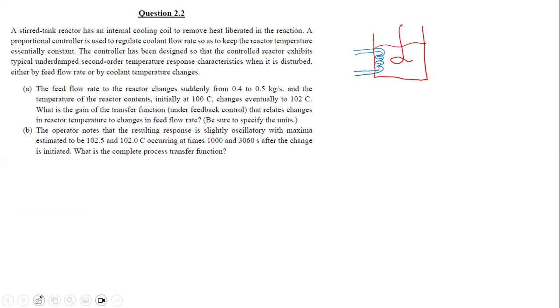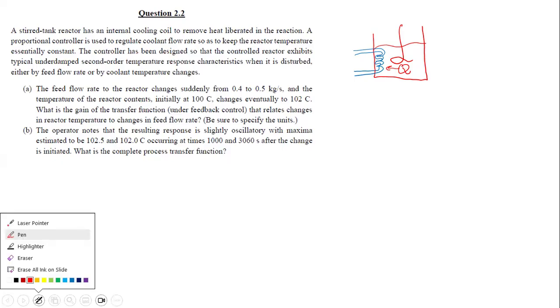So what's happening over here is that inside of this we're going to have heat, and this heat will be removed from the tank into the coil. This is where we are going to talk about the heat transfer. That's the only way to remove heat with this coil. Now that's what is happening over here. Just drawing out this statement.